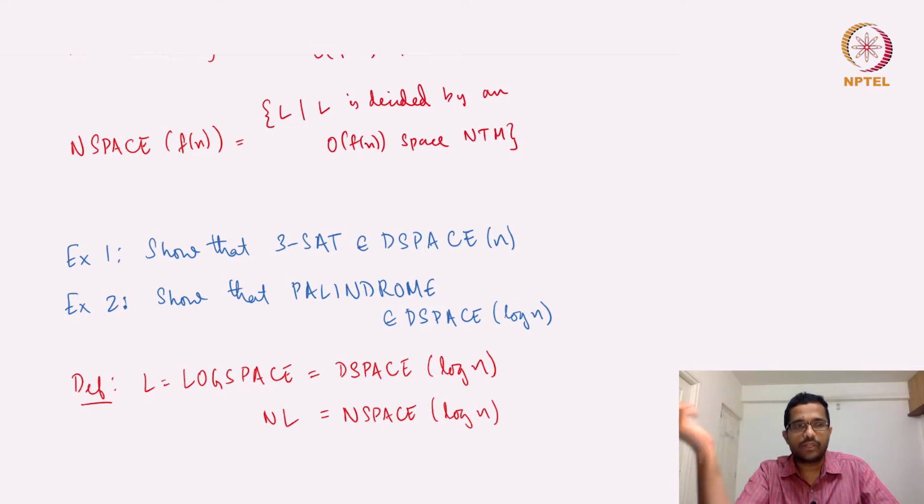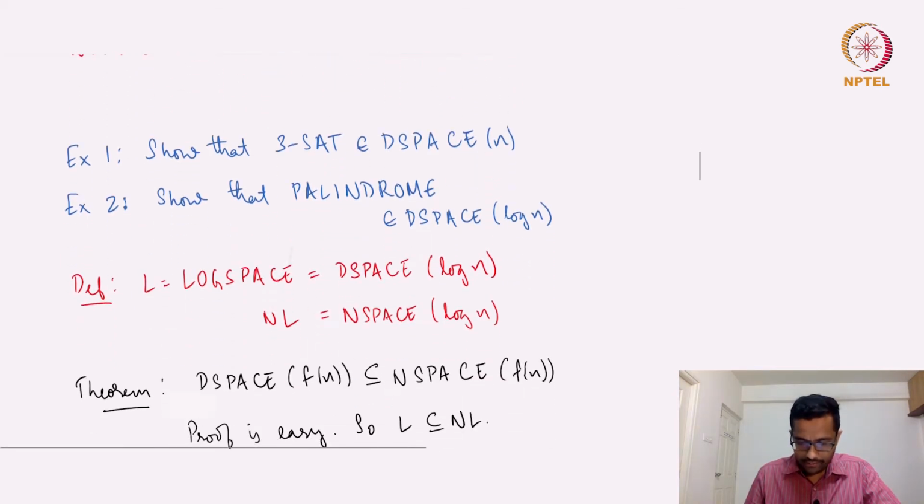So you just need a counter to keep track of where you are checking, and that is the only extra space, and maybe 1 or 2 extra slots, right? So here you saw a symbol A. The first symbol is A, so you also want the last symbol to be A if it has to be a palindrome. Otherwise, you immediately reject. So palindrome is in deterministic log space.